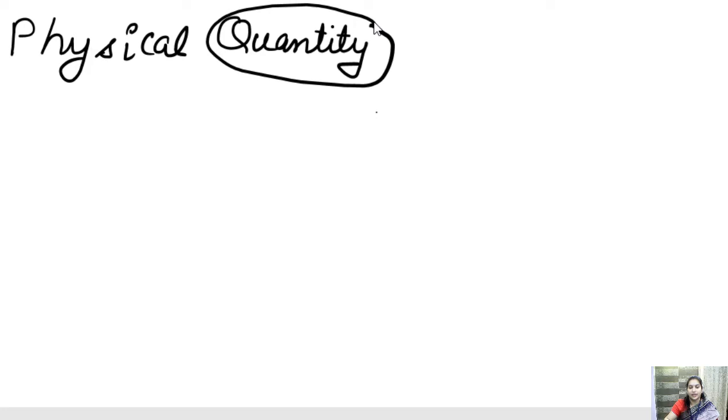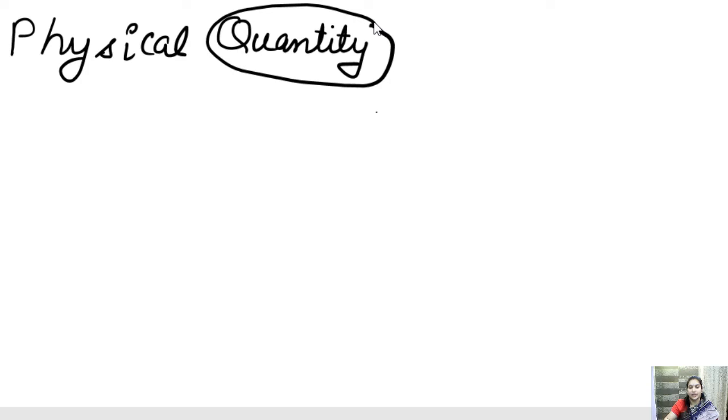What is quantity? Quantity is the amount of anything. Here they are saying physical quantity. Physical means that we can see. So anything, किसी भी ऐसी चीज जिसको हम देख सकते हैं और उसकी क्वांटिटी, उसके अमाउंट को मेजर कर सकते हैं, is a physical quantity.